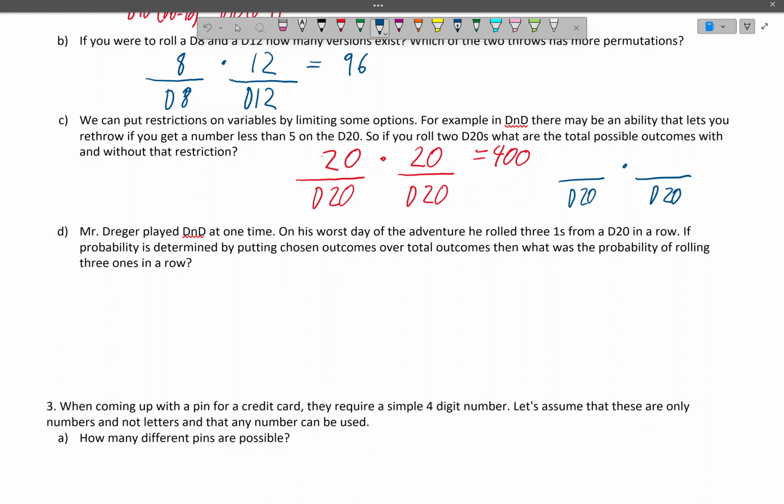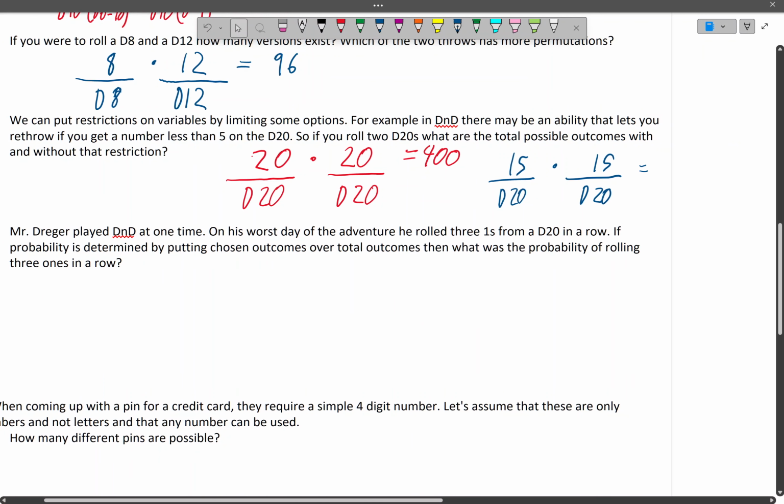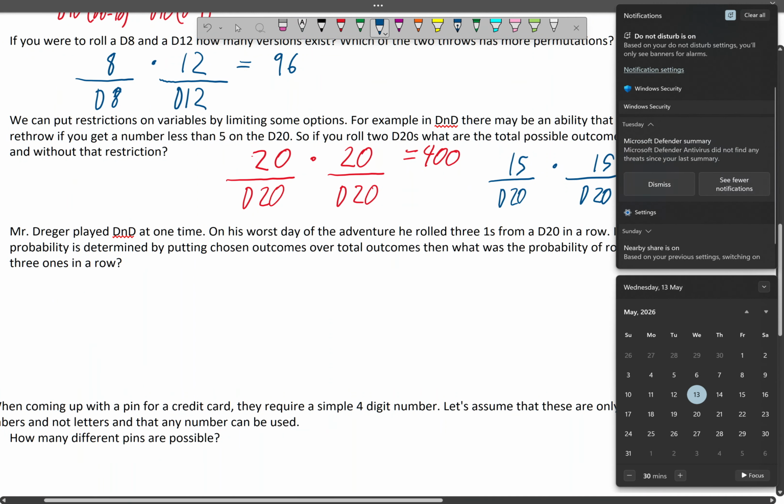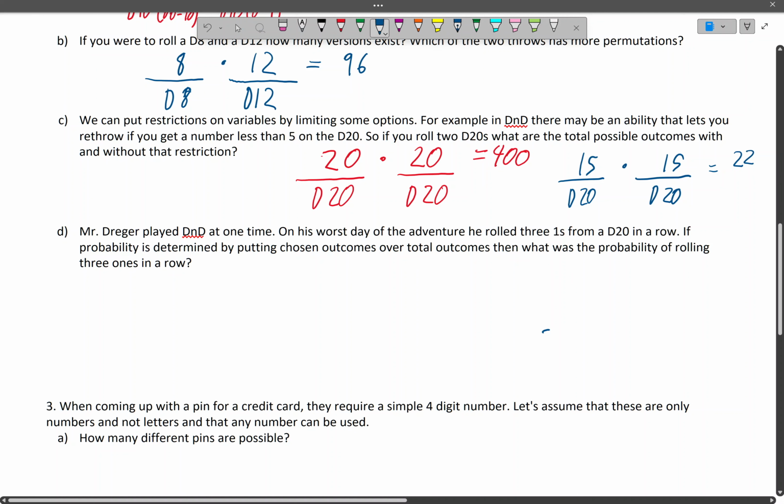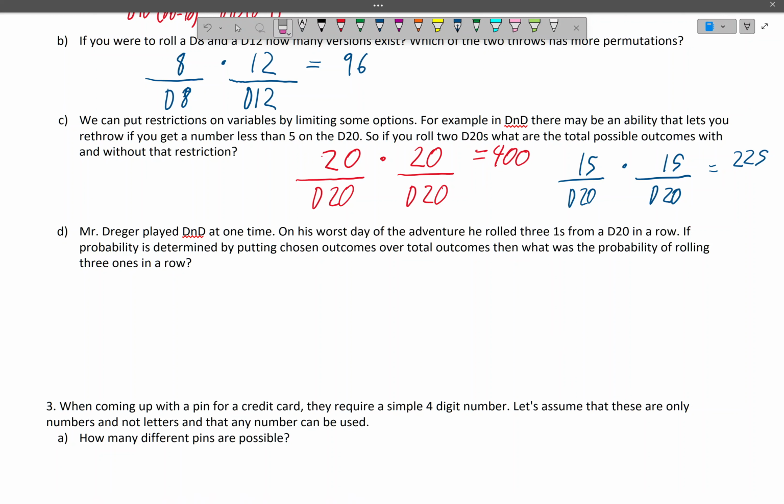And now we cannot have a 1, 2, 3, 4, or 5. So that means there are 15 options. So 150 plus 75, so 225. So obviously, without that restriction, it's actually more options.